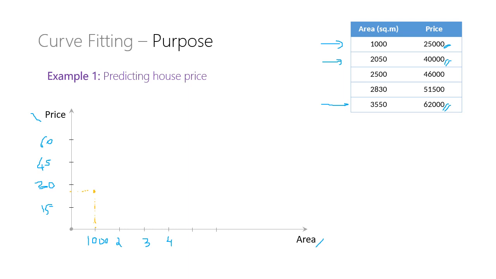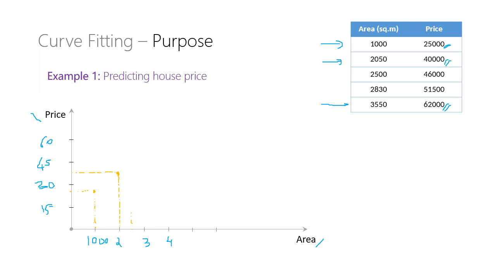Then for 2050 square meters the price was 40,000, very close to 2. So the price was 40,000 roughly over here. Then for 2500 the price was 46,000.